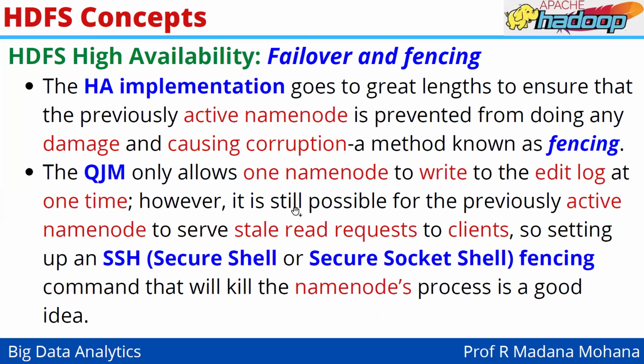However, it is still possible for the previously active name node to serve stale read requests to clients. So setting up an SSH, that is secure shell, fencing command that will kill the name node's process is a good idea.